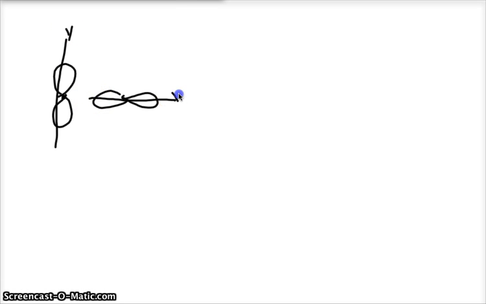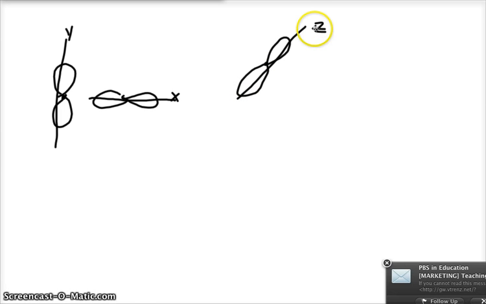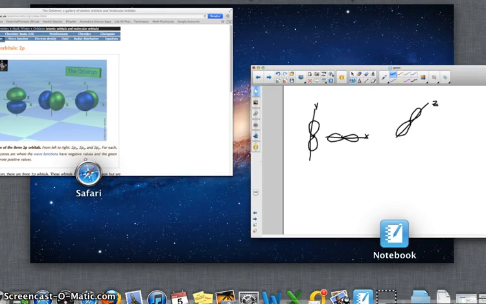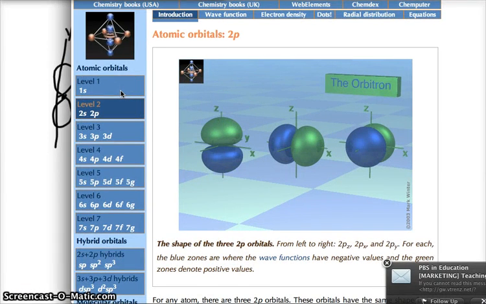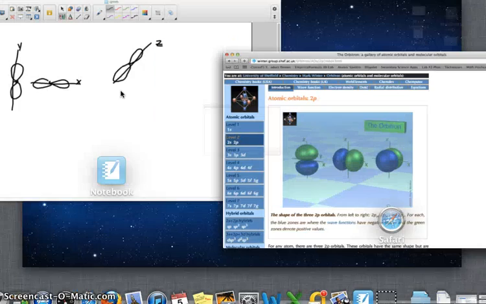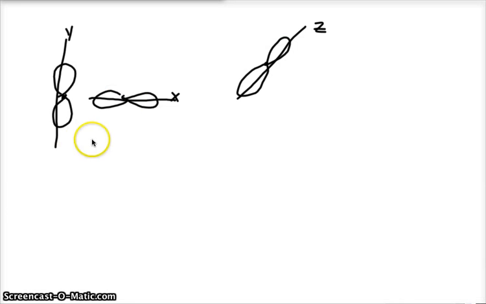A py, a px, and you would also have a pz, where it lies on the z-axis. So that's what you see in this computer generated, but they're all together. They're all together. Then this is the nucleus. It's one nucleus. It's one atom we're looking at.